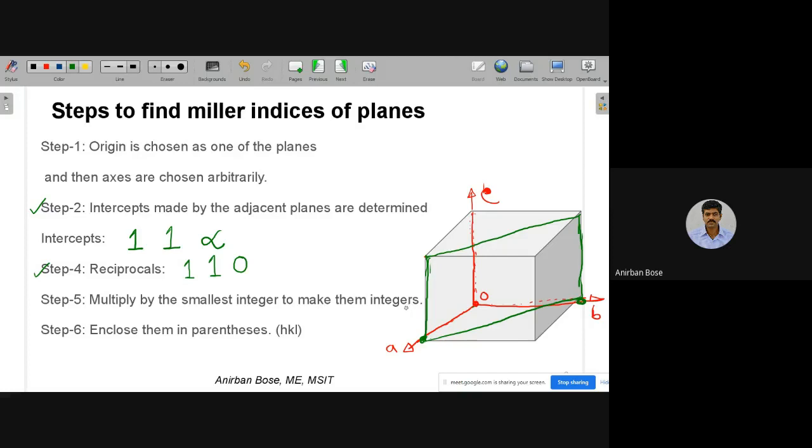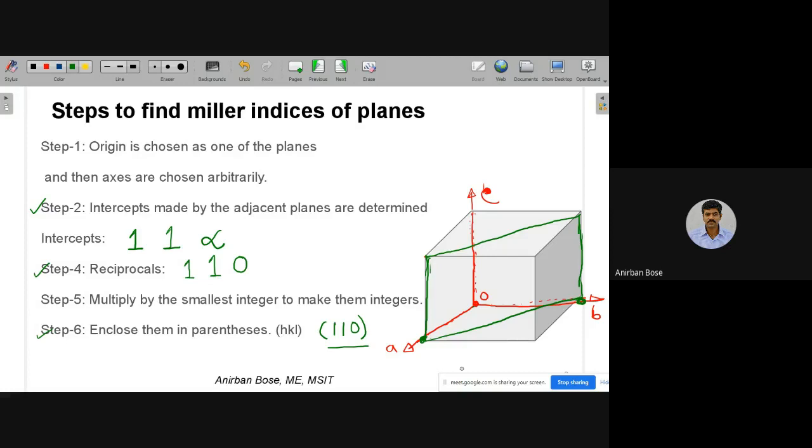We have already seen in the case of directions how to handle that, but here we do not have that situation because all these are 1 and 0, so that is not required. Then step 6: enclose them in parentheses, without any comma. So this particular plane is (110). This is the Miller indices of this particular plane.